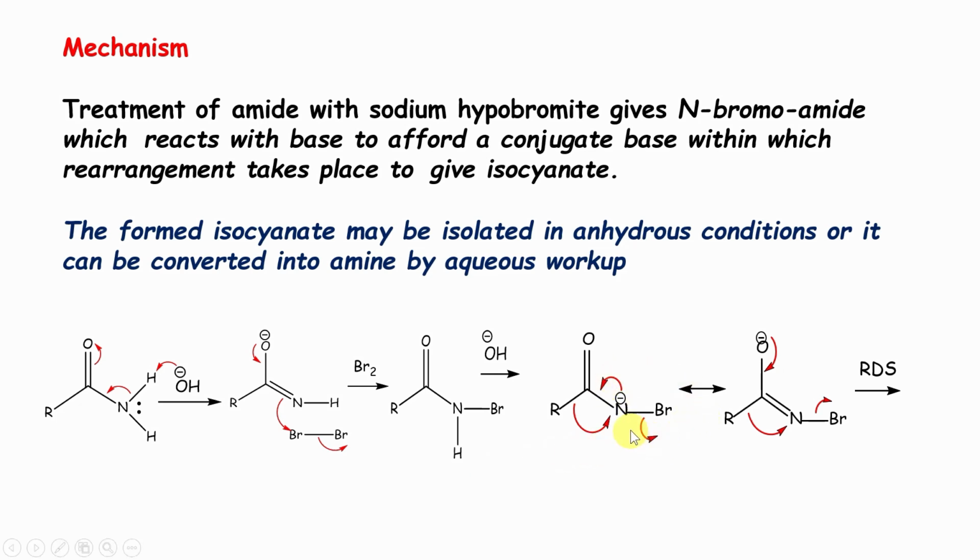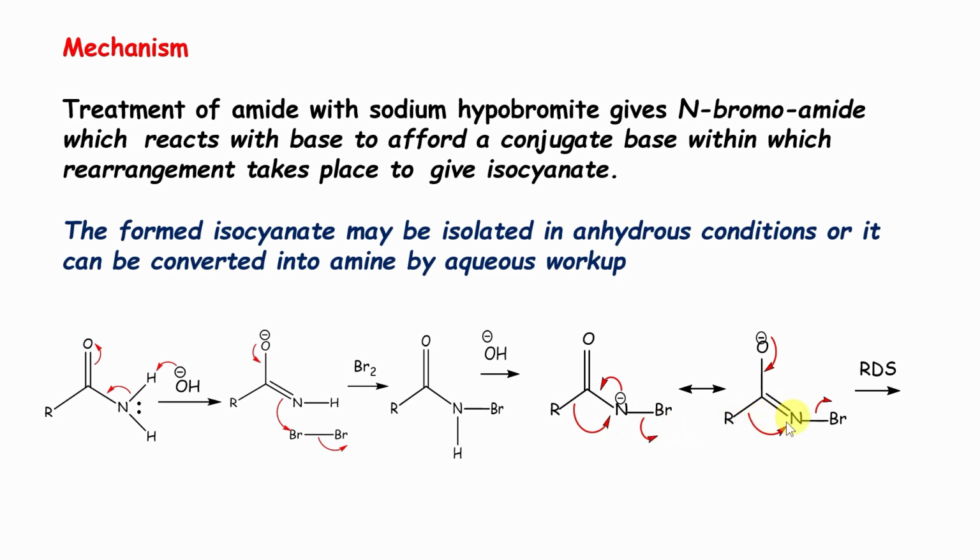Rearrangement takes place here, and the alkyl group from this carbonyl group migrates to nitrogen with the elimination of bromine. With the elimination of bromine, nitrogen becomes electron deficient. Thereby, this alkyl group migrates to this electron deficient nitrogen atom.